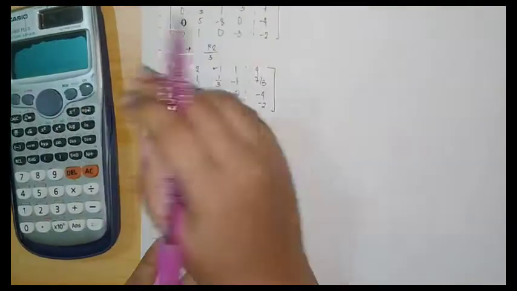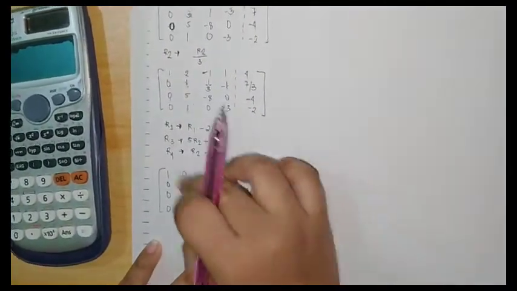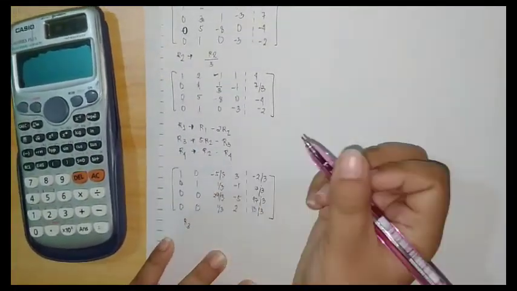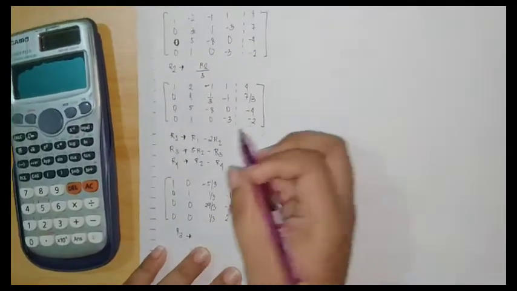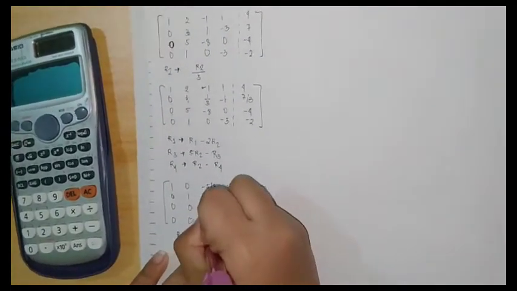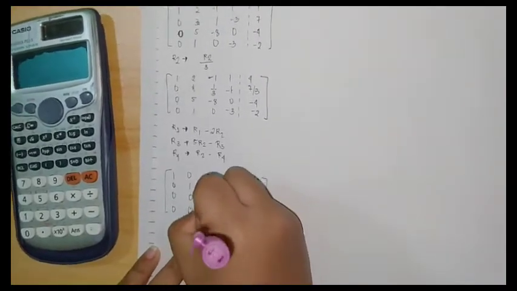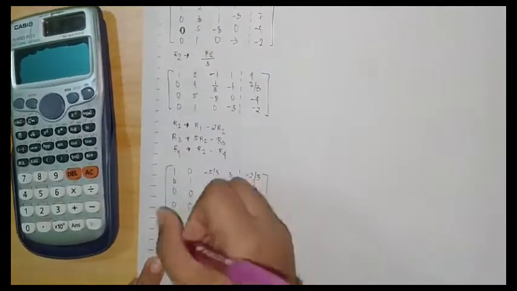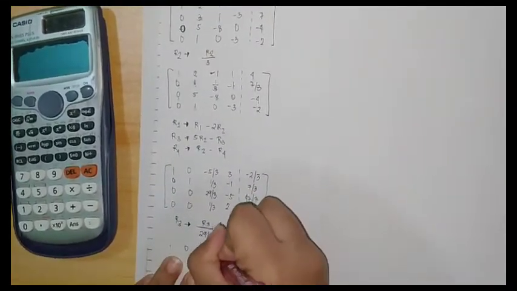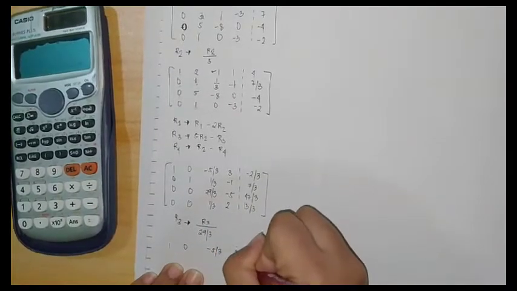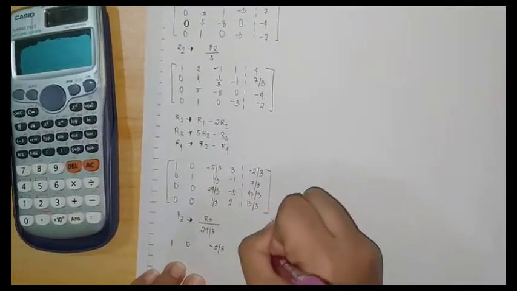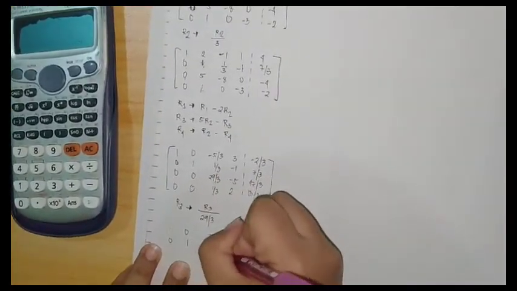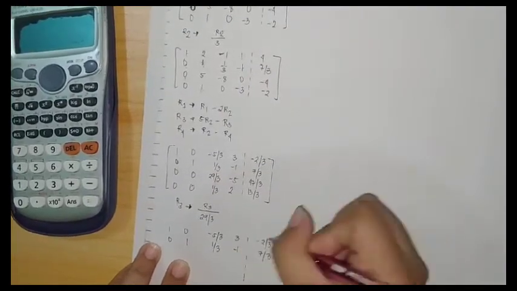So the new R3 is equal to R3 divided by 29/3. So again, we will copy row 1: 0, negative 5, 3, 3, negative 2/3, and then copy row 2: 0, 1, 1/3, negative 1, 7/3.